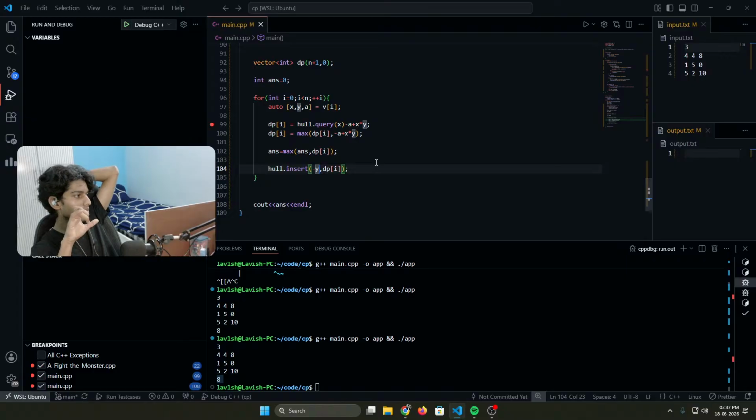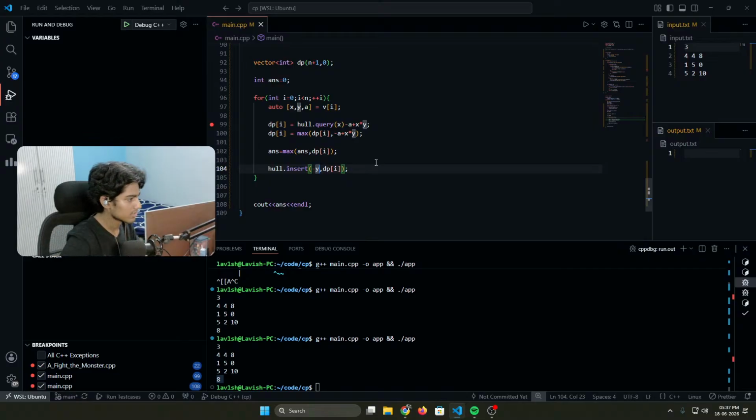Narrower but taller. Wait, I'm sorting by X. Y is going to be lesser. What? So Xi is greater and Yj is greater. So Xi is smaller than Yj. This evaluates this line as Yj into Xi.